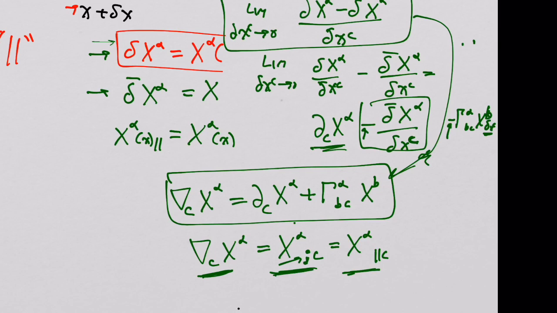And with that symbol, we could actually make perfect sense, and we would write del alpha cross dxc, like that, right? Which is the coordinate basis, right? So this is a 1-1 tensor.